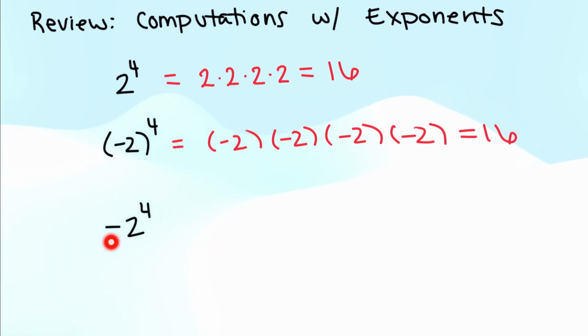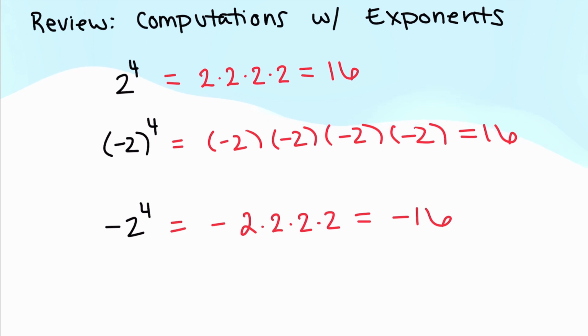It does not apply to the negative. Exponents only apply to the thing just to the left of them. So in this case, my answer is going to be a negative, and then I'm just taking 2 times itself 4 times. That gives me negative 16.